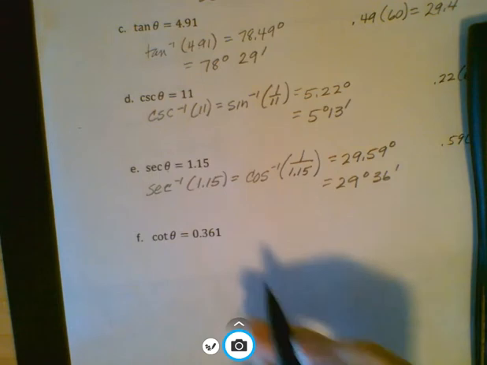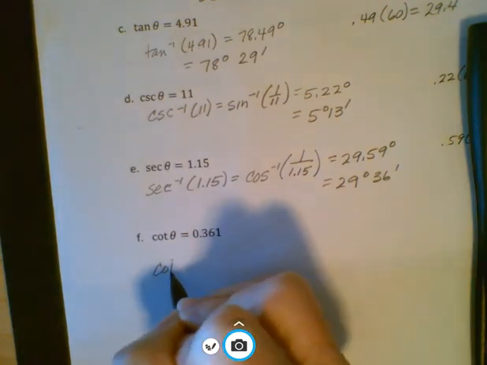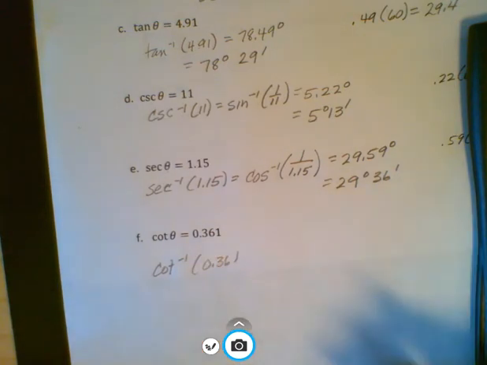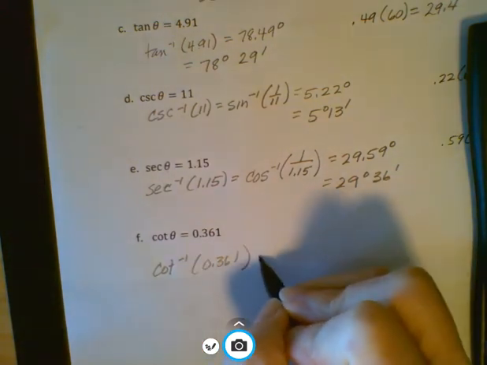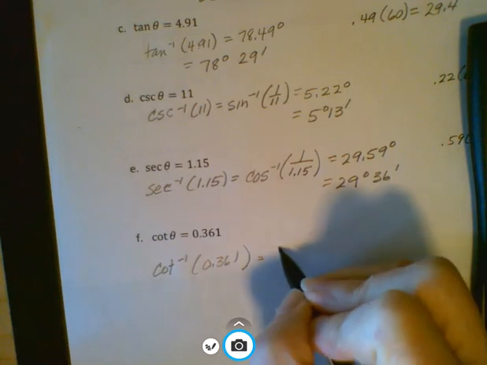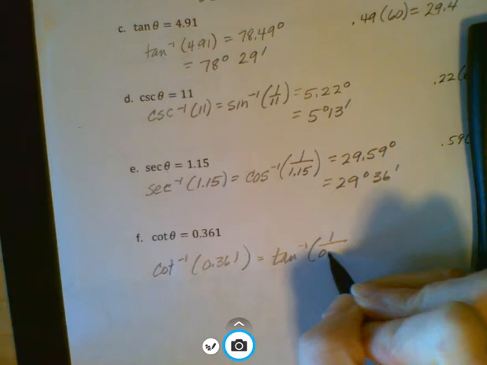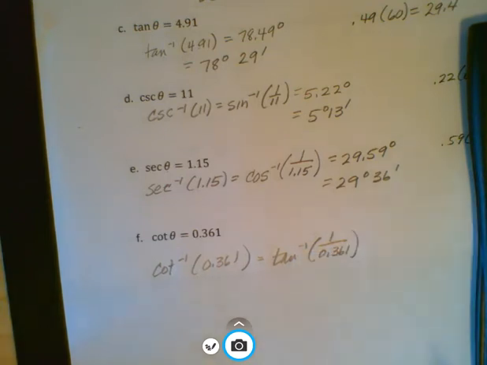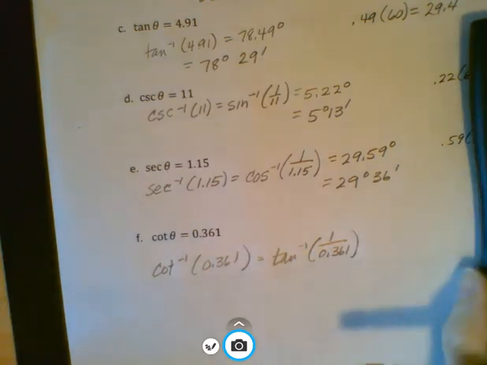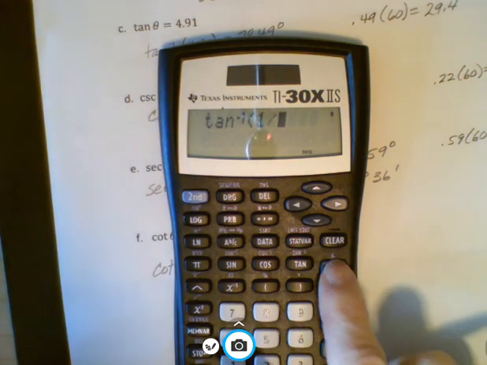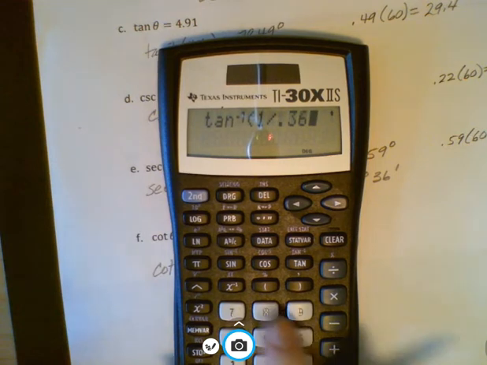And the last one, cotan inverse of 0.361, will be the same as the tan inverse of 1 over 0.361. Inverse tan, 1 divided by 0.361.